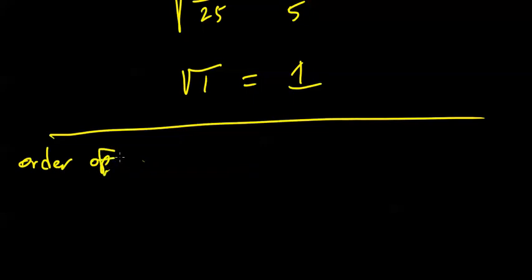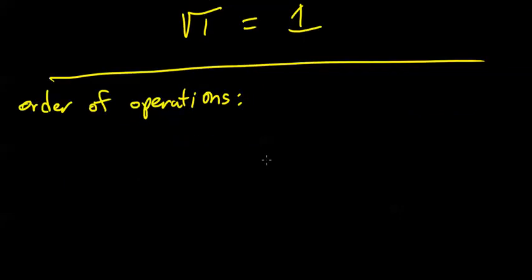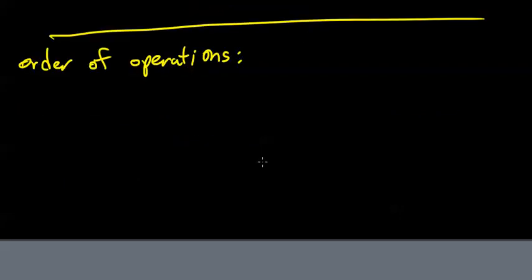Order. Oh, let me get my eraser out. Order of operations when we've got a bunch of these operations stacked one on top of the other. Oh, excuse me. I'm almost out of room in this screen.